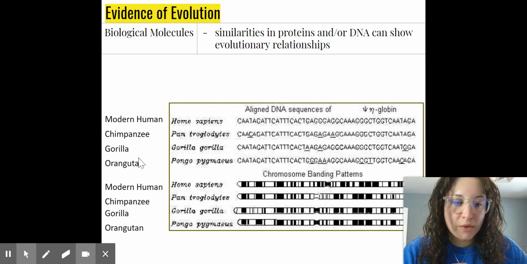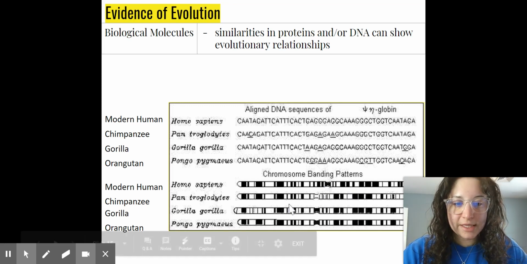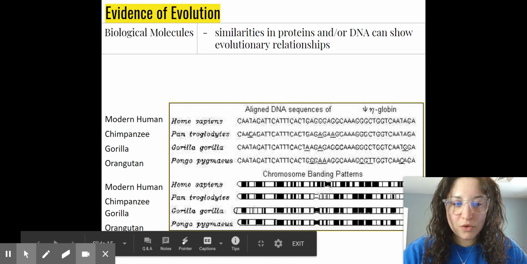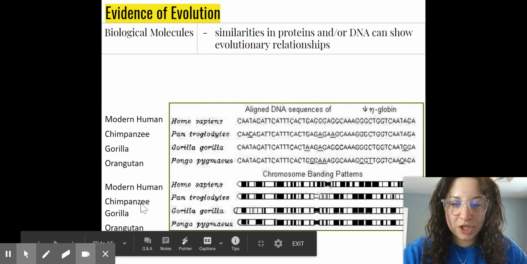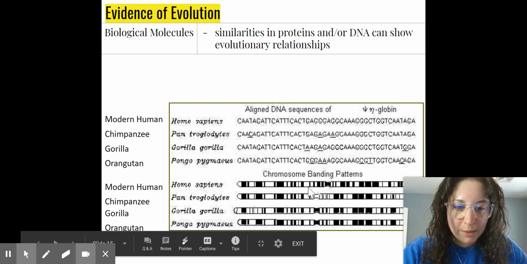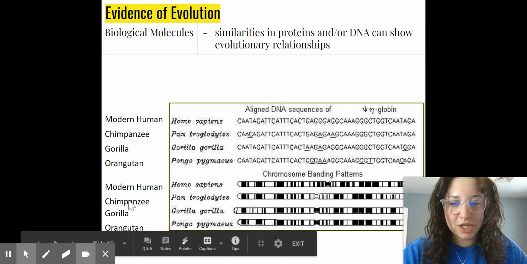You can go one step further, and when we look at the chromosome level, you will see a banding pattern in the chromosomes. So when I say banding pattern, I'm talking about this pattern of black and white spots along the chromosome. What this is showing us is that the DNA sequence is identical or very, very similar when we see the same banding pattern. So for example, with the human and the chimpanzee, this banding pattern that we see in these first genes right here, pretty much up until this point right here, it's identical, which means all of our genes and the sequence that our genes are in are identical to the chimpanzee.